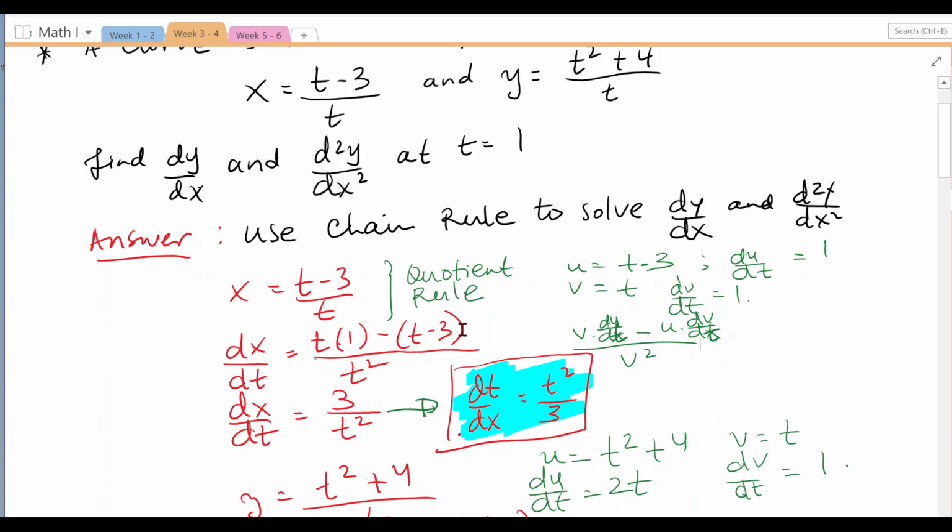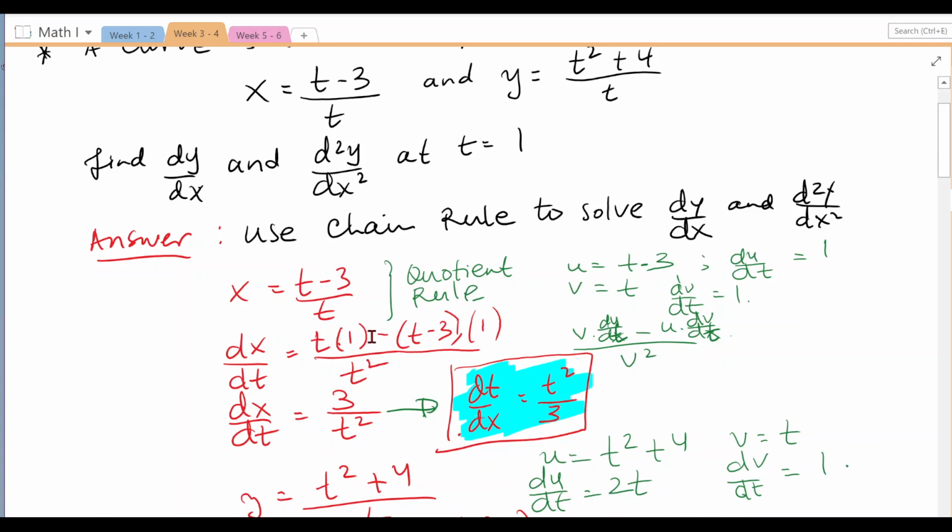Moving on, minus u, which is t minus 3, times dv/dt, which is simply 1, all over v squared. V here is t, so t squared, and by simplifying we have dx/dt to be 3 over t squared.